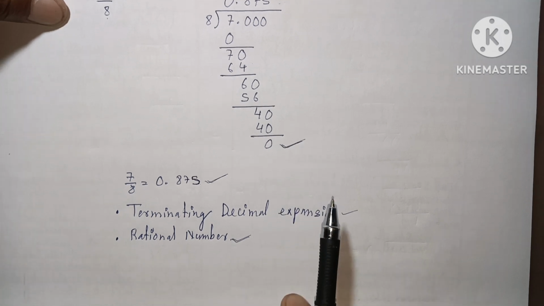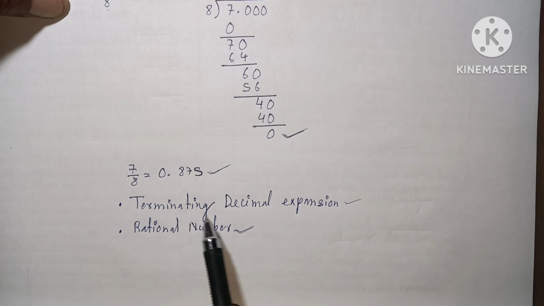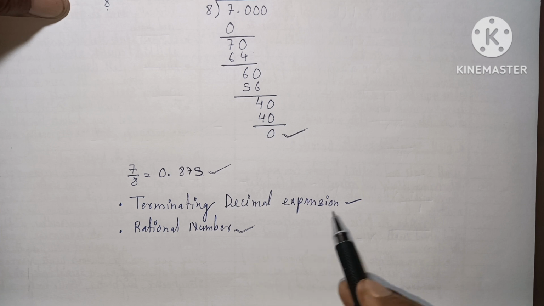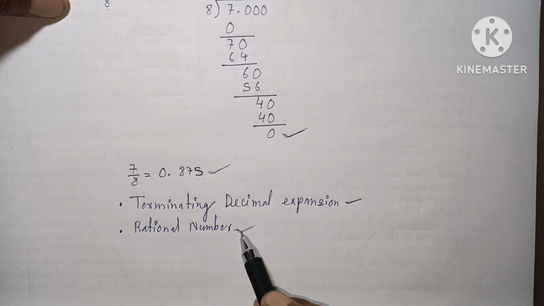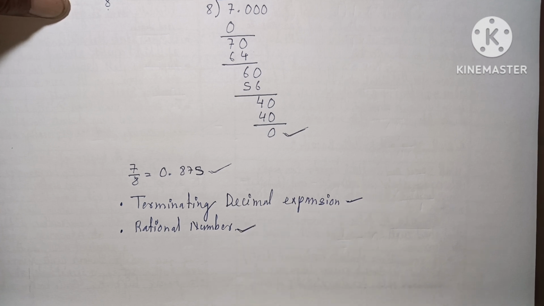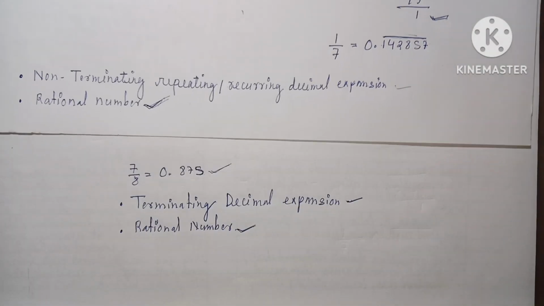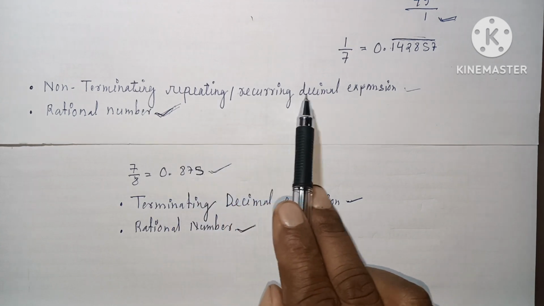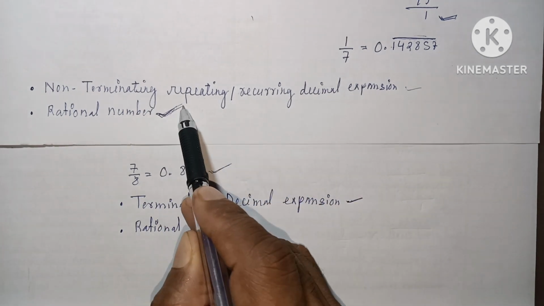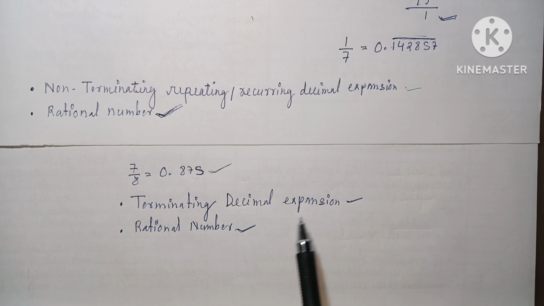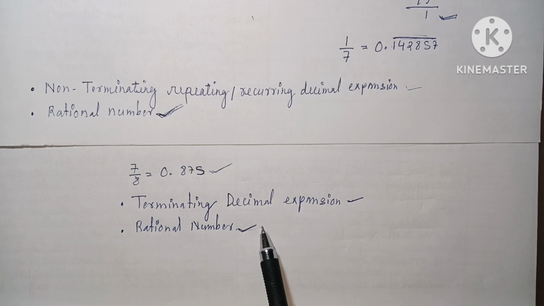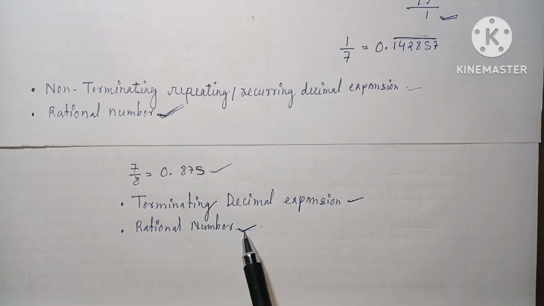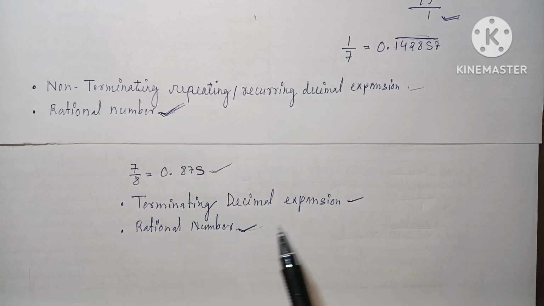A terminating decimal expansion is also a rational number. So in both cases, a non-terminating repeating or recurring decimal expansion and a terminating decimal expansion, the number is rational.